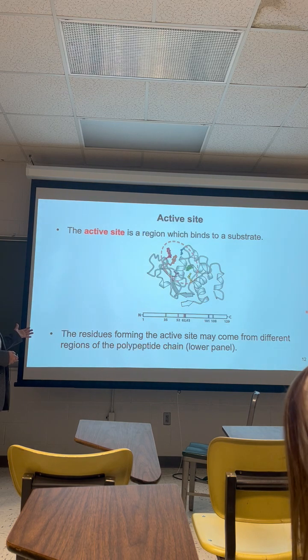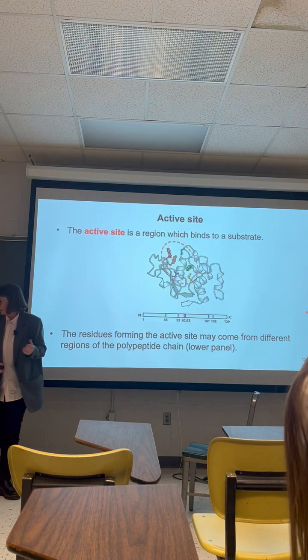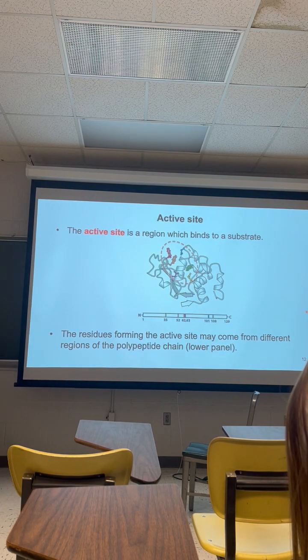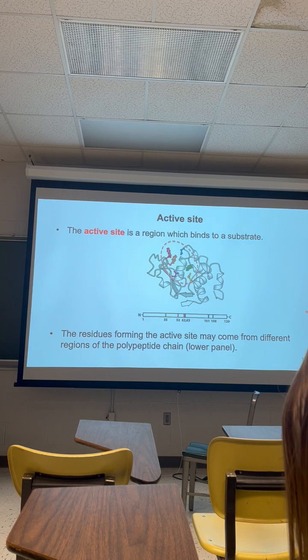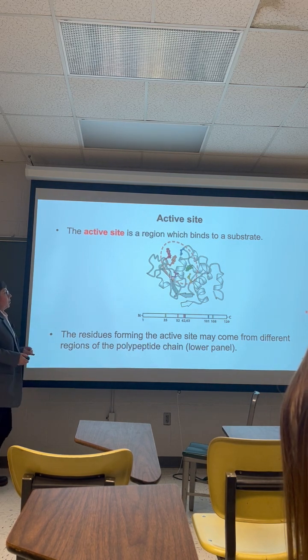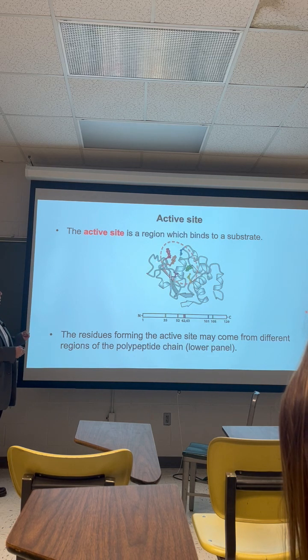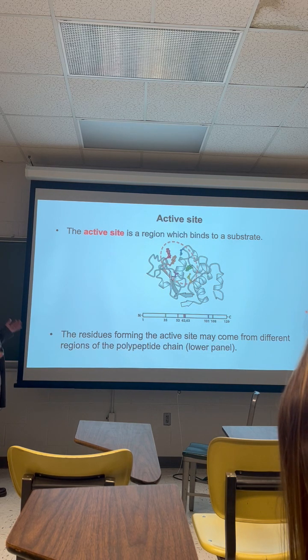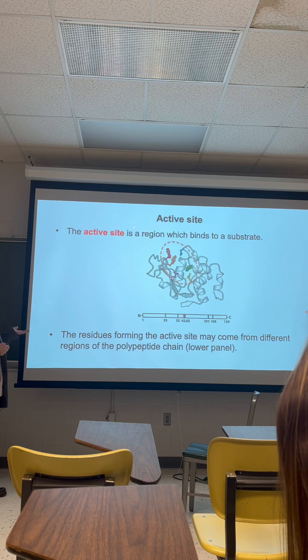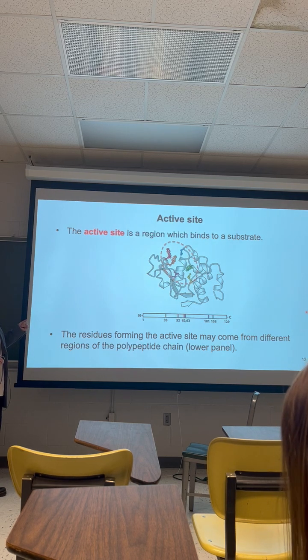Okay, now how do they do it? How do they stabilize the transition state, you may say. Well, yes, in a second we will say this, but we have to introduce a term, the active site. So, as I said, most of the enzymes are proteins.